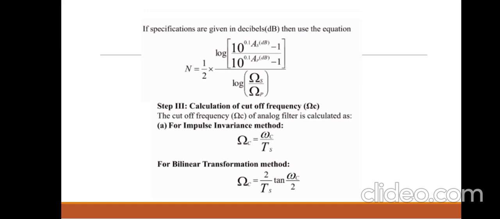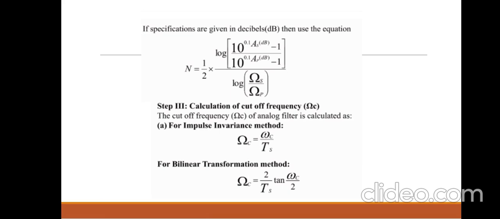If the specifications are given in decibels, like stop band attenuation and passband attenuation, then we will use this formula: N is equal to 1 by 2 log of (10 to the power 0.1 As in dB minus 1) upon (10 to the power 0.1 Ap, which will also be in dB, minus 1), whole upon log of Ωs by Ωp.